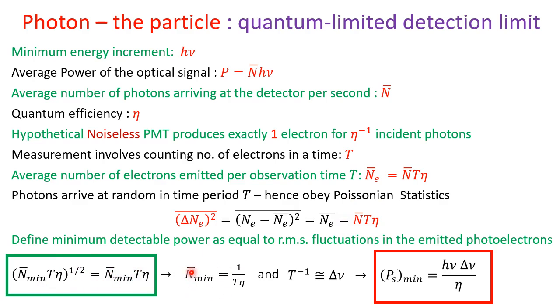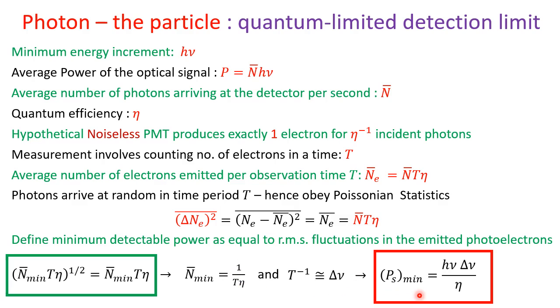I get my n minimum, that is the minimum number of photons that I can detect, would be equal to 1 by t times eta. Now remember, t is my detection time, which is the same as the inverse of the bandwidth.